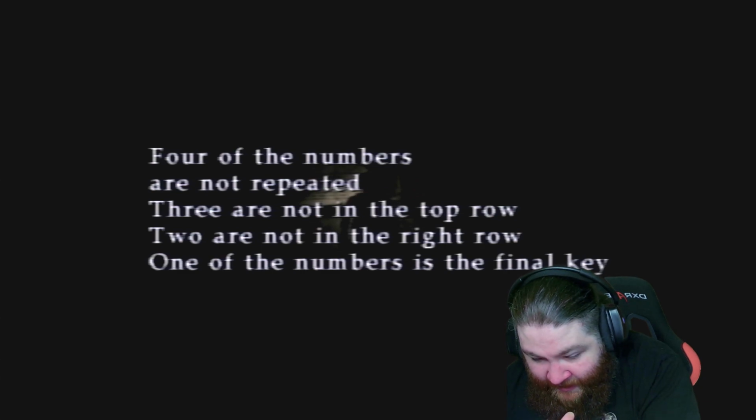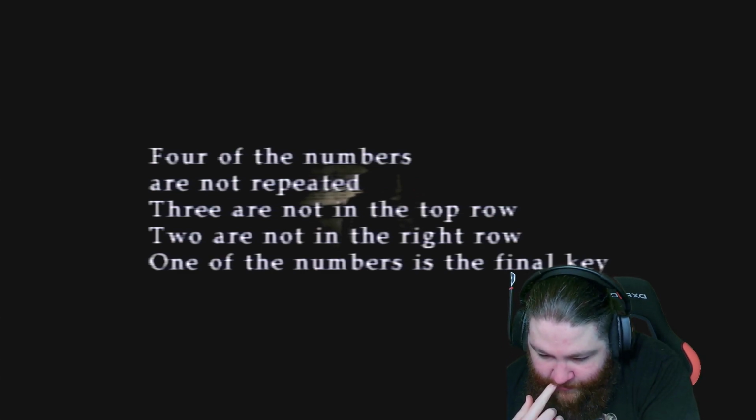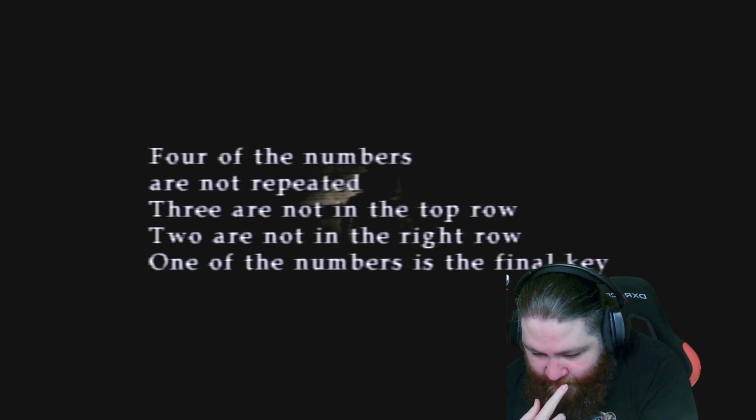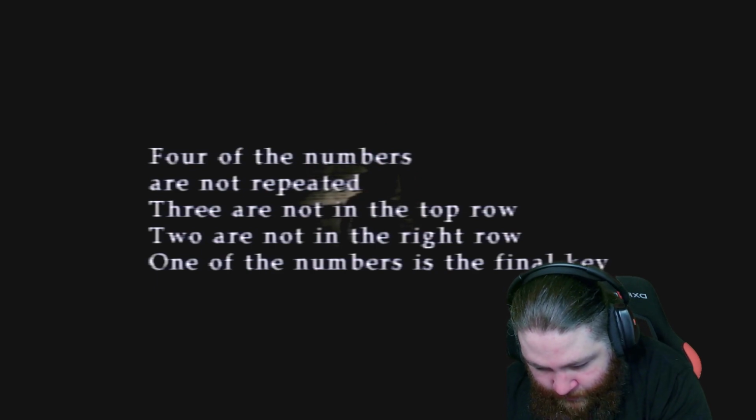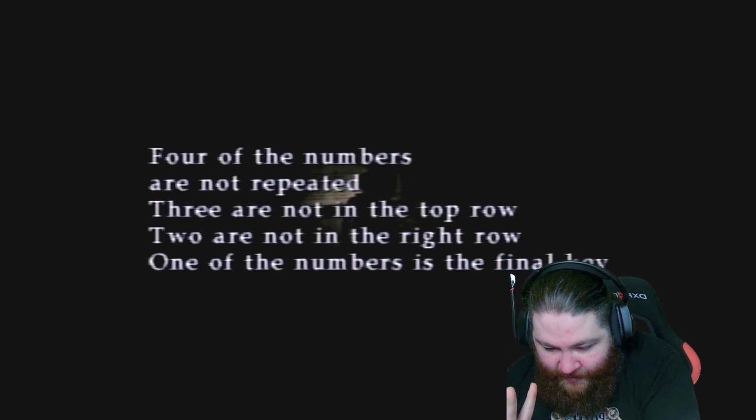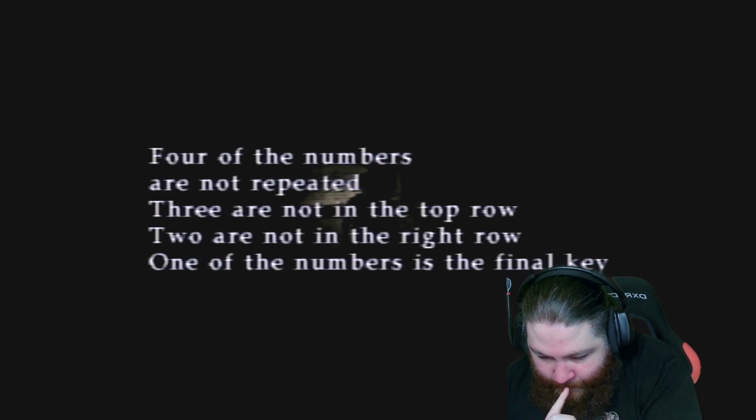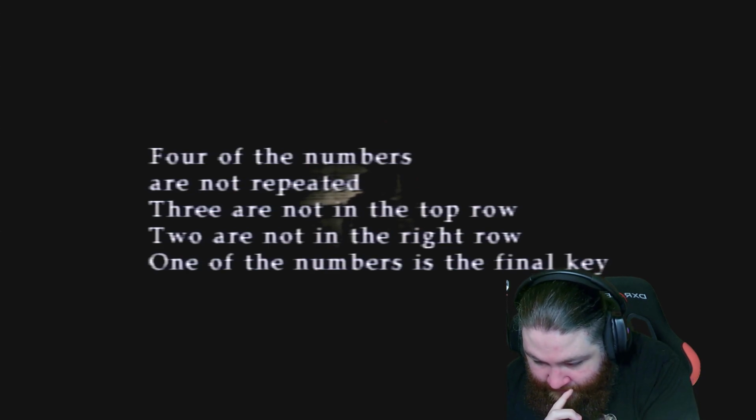It says 2 are not in the right row. Oh, but that doesn't work, because then 3 and 6 would be there. Okay, so 2... Wait, no, that works, because there's 4 things. So 2 of them are not in the right row, which, again, is a column, not a row. And none of them repeat.